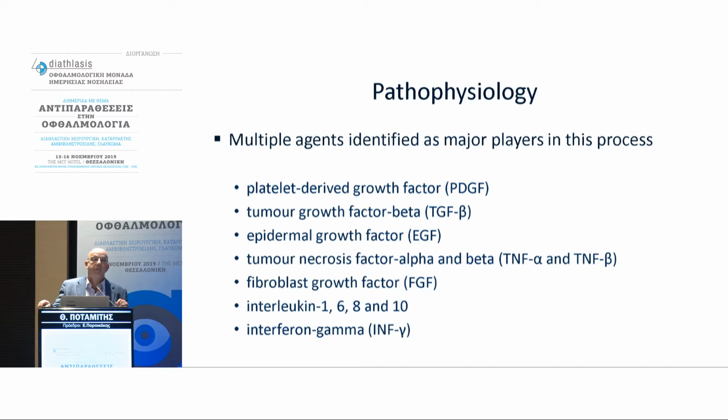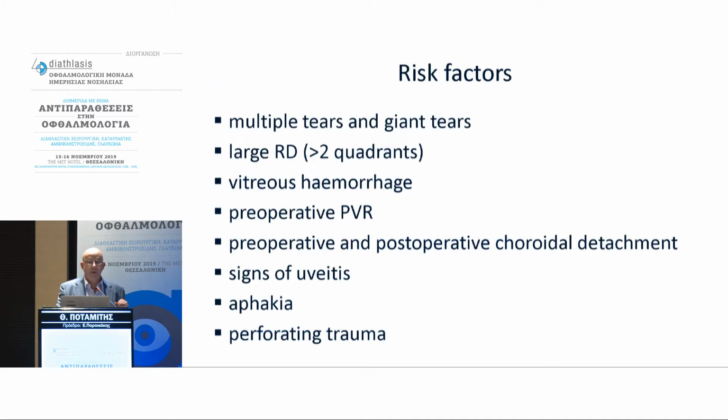Now, there are many growth factors that have been identified to play a role in this cascade of events. Platelet-derived growth factor and transforming growth factor are the main two, and many of these have been tried to modify by various pharmacological agents. The main risk factor for PVR formation is multiple and large tears.